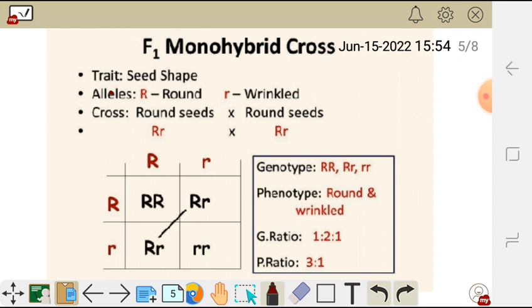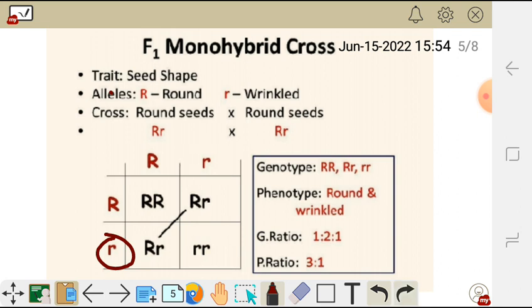Then from there, during crossing, this R here is going to cross with that, and we are going to have all dominant homozygous alleles. And then for this one and that one, we are going to have heterozygous offspring, and this one with this allele, we are going to have a heterozygous allele, and this one lastly with that allele, we're going to have a wrinkled seed.